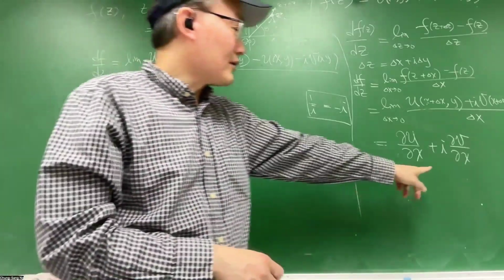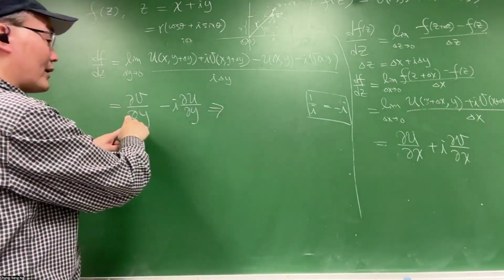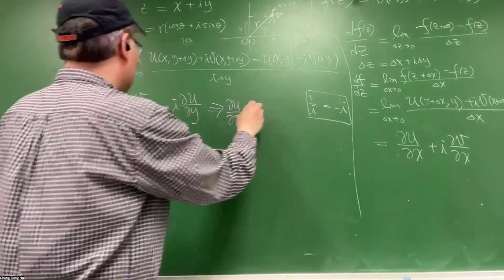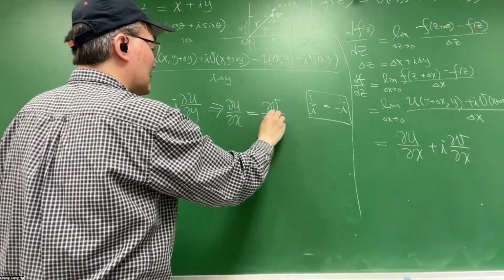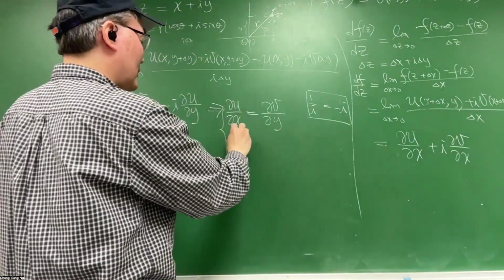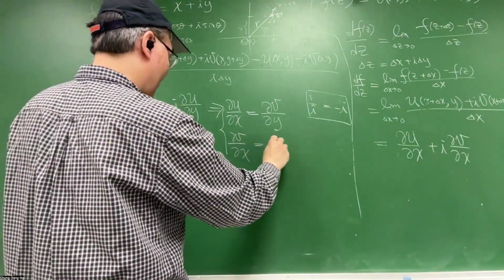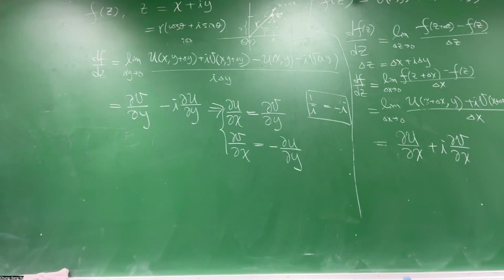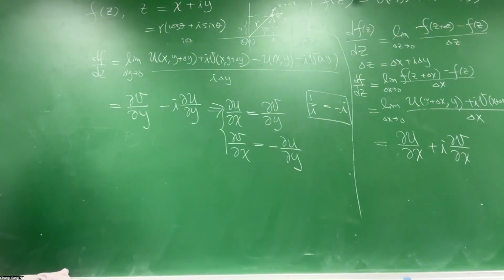This implies the real part here is partial u partial x, and the real part here is partial v partial y. And the imaginary part of this is partial v partial x, and the imaginary part of this is minus partial u partial y. These two are called the Cauchy-Riemann conditions.